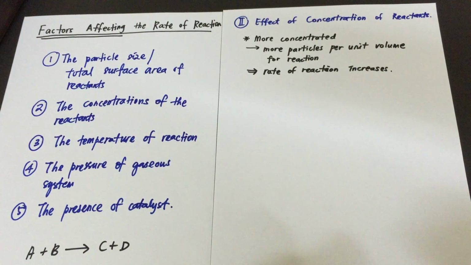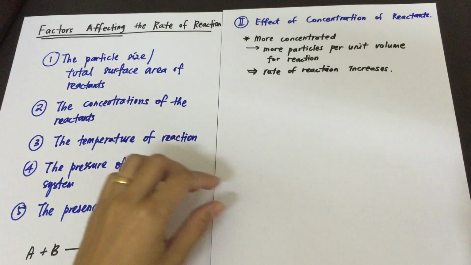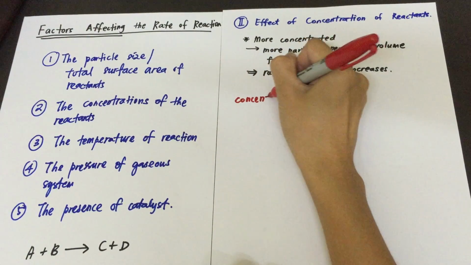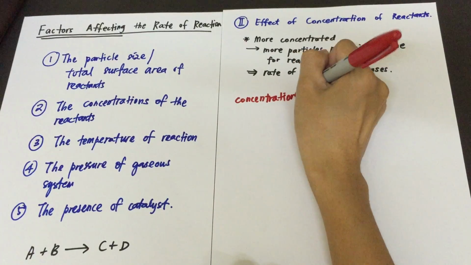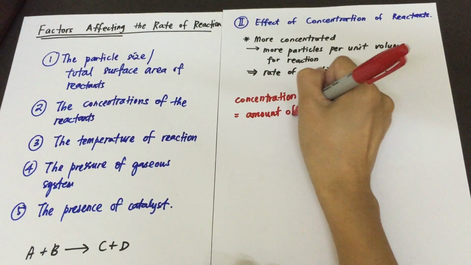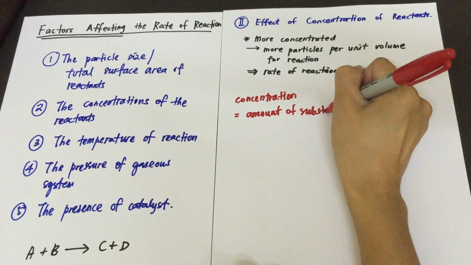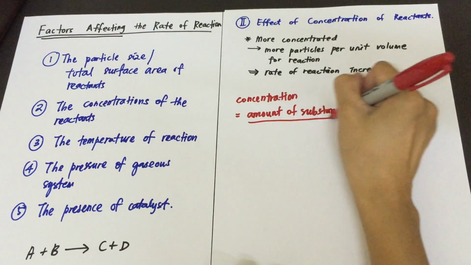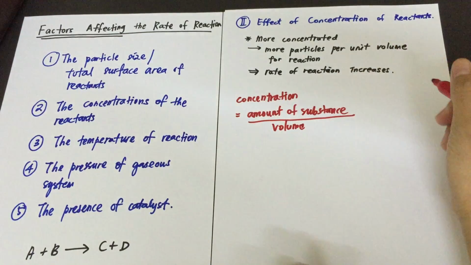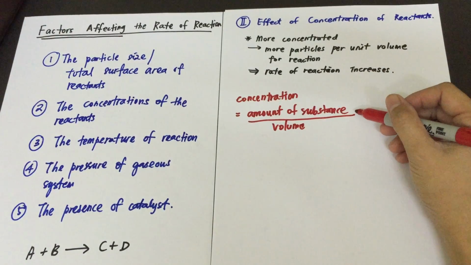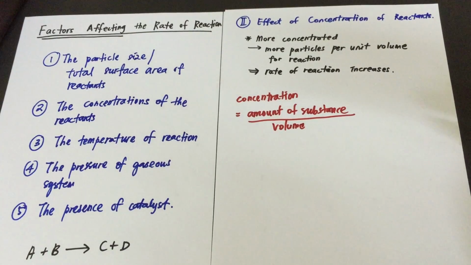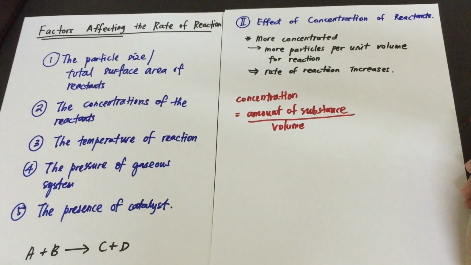Taking the concentration equation as a start, concentration equals the amount of substance divided by the total volume. So this amount of substance is whatever is contained in a particular volume in a solution.